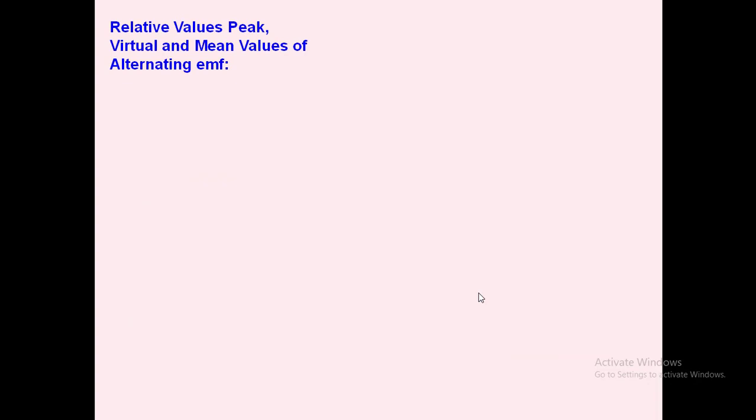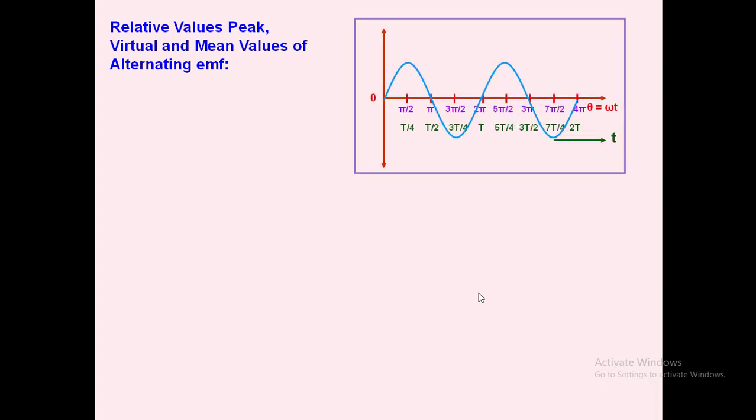Relative values: peak, virtual and mean values of alternating EMF. Here I am going to show you the peak value and the mean value of alternating EMF. This is the sinusoidal wave which represents the EMF, which we have already seen in the first slide. That is the maximum EMF produced, or amplitude of EMF, E naught.